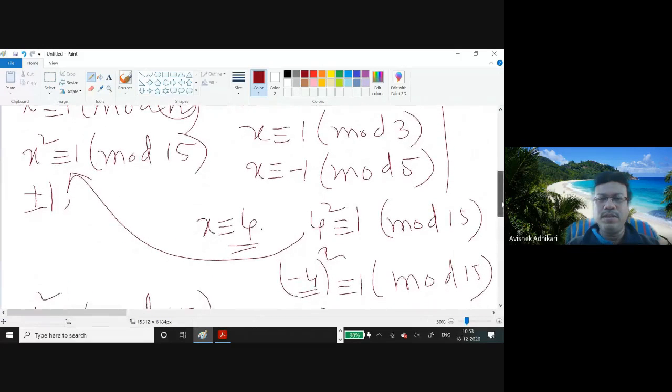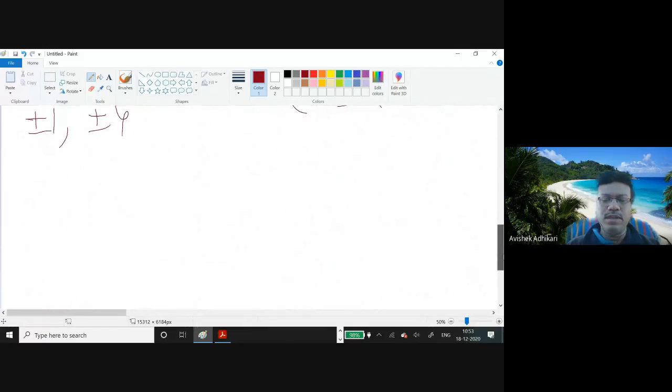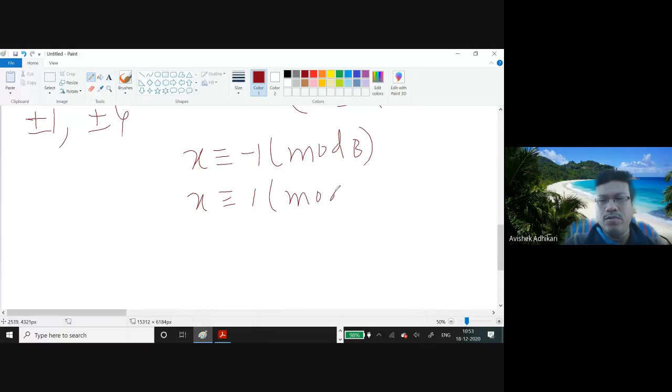Now if I modify this equation a little bit, like if I have x congruent to minus 1 mod 3 and x congruent to 1 mod 5, can you give me a very quick solution for that? Minus 1 means actually 2, right?